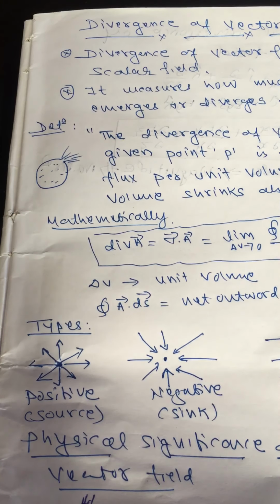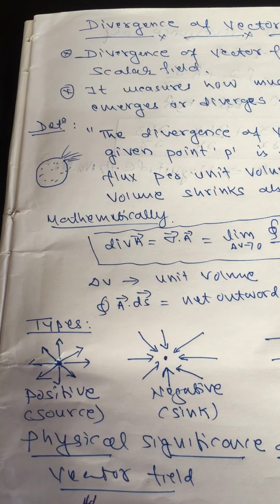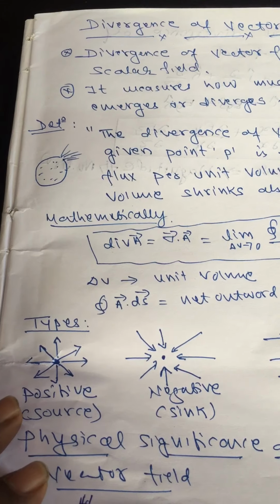The point P has positive divergence when the field or flux is moving away from the point. See, the arrow mark represents away from the point. That is called positive divergence.